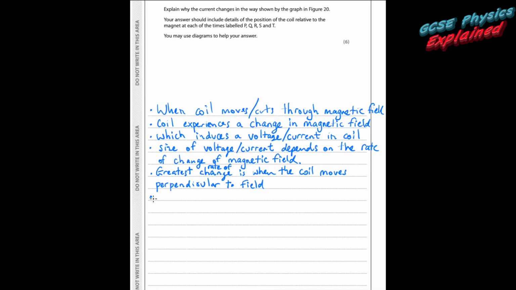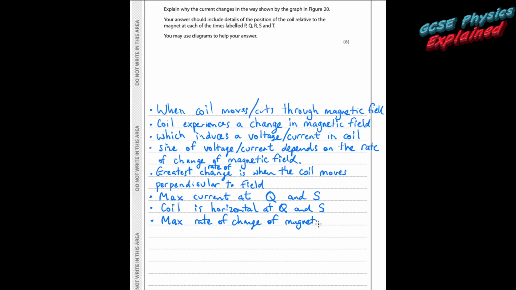So basically we've got a maximum current at positions Q and S, and that'll be because the coil is horizontal at Q and S. So that's where you would have the maximum rate of change of the magnetic field at Q and S. The direction at Q is the opposite to S because the currents were opposite.